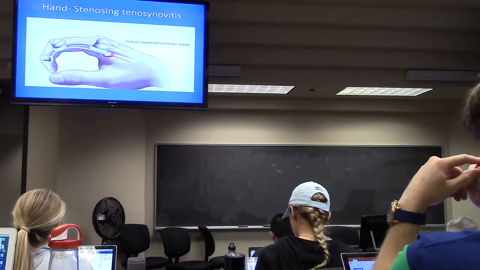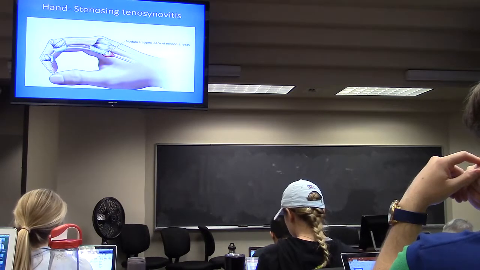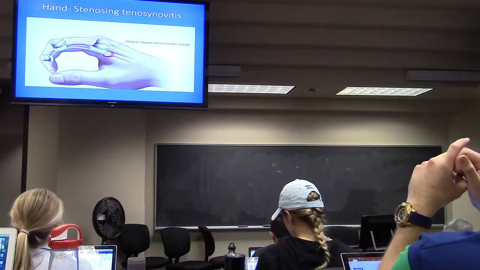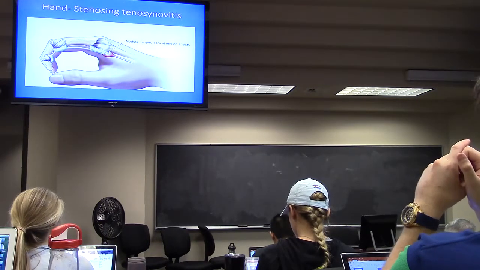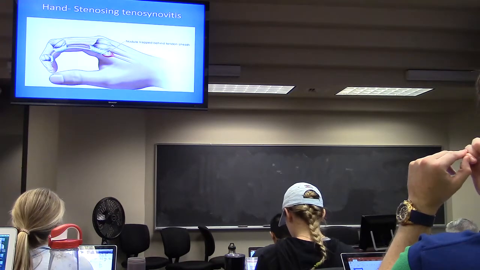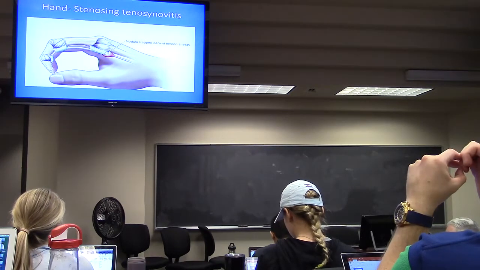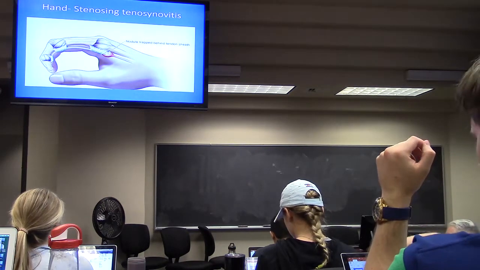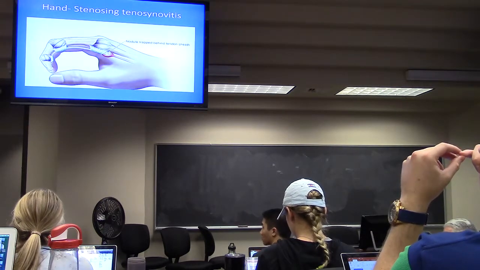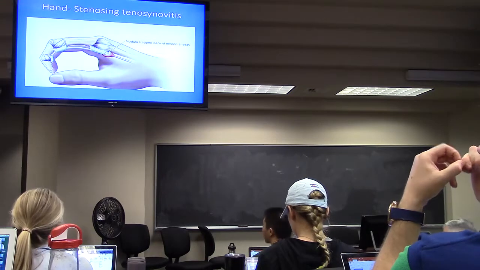I thought I had a picture of it in there. You'll feel a palpable knot within their hand of that nodule getting caught in that tendon sheath. They call it trigger finger because it looks like somebody's pulling a trigger, but they can't get it to go back out. I've seen people where it's so bad that, even with passive extension to get it pulled back out, you can't, it's stuck like that.